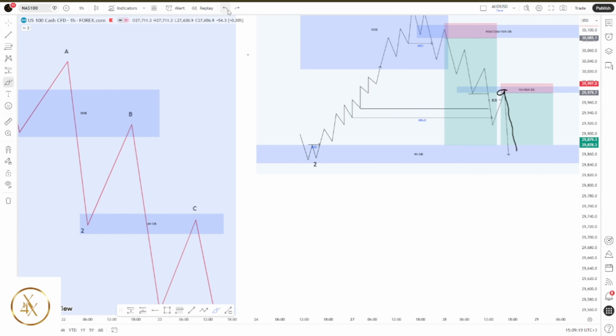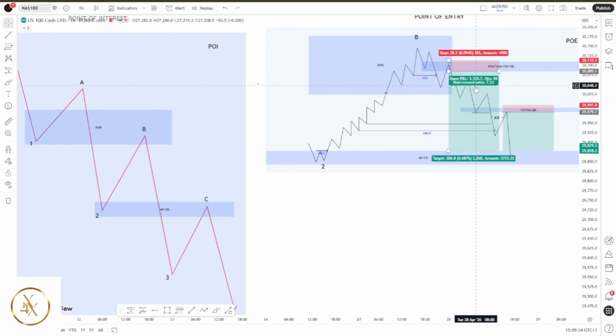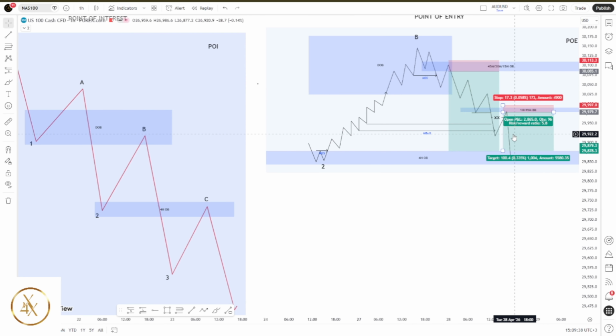Now imagine you have a big point of interest and a lower take profit. You can catch 3 or more setups with one particular one. So this is 1 to 7, and this will be a 1 to 5.